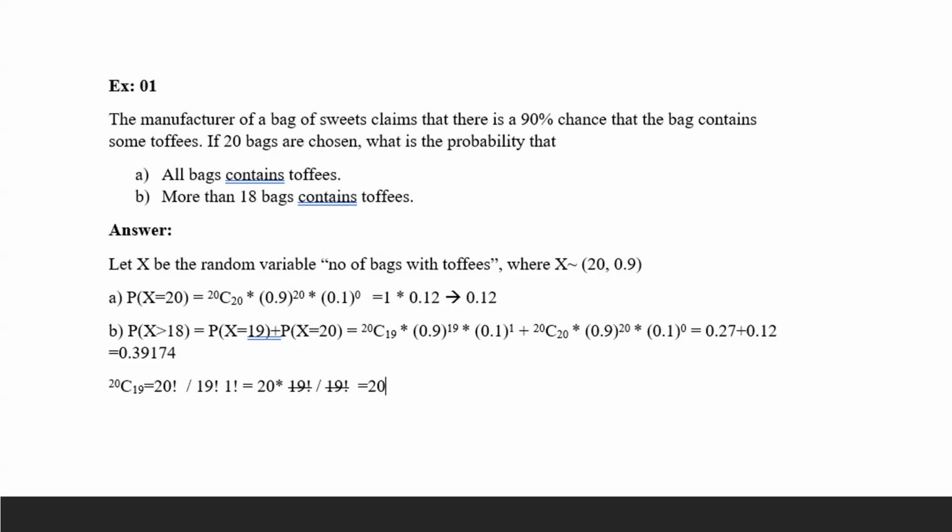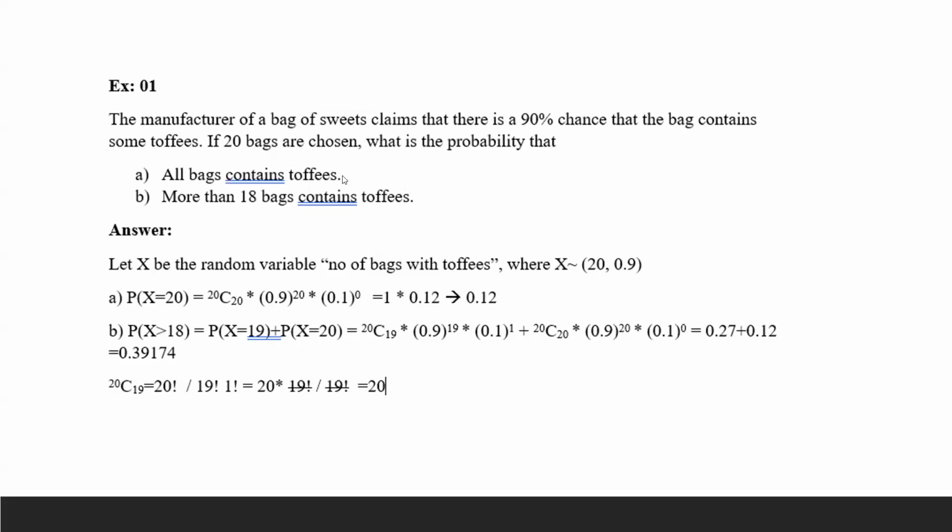Very easy. That is the probability. What is the probability value? 0.9. Okay, then P is given, and N is also given. By using those two parameters, you can calculate.